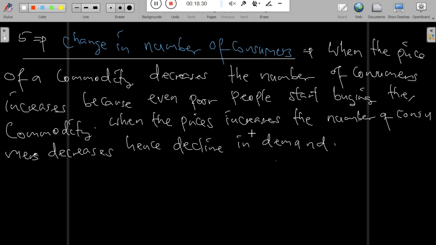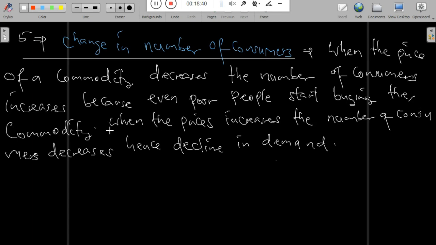This will force a consumer to look for an alternative where he or she can afford to purchase certain goods and services. And that may be the reason why the demand curve has a negative slope: those fluctuations in what is consumed, the price level, and the affordability to a consumer.